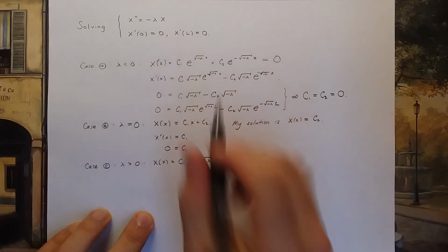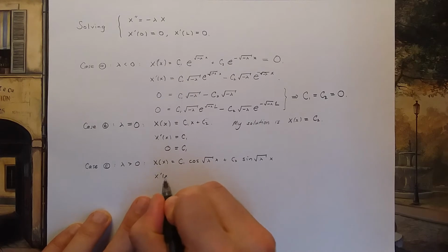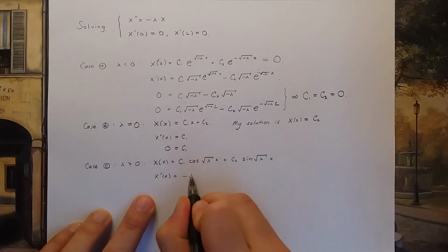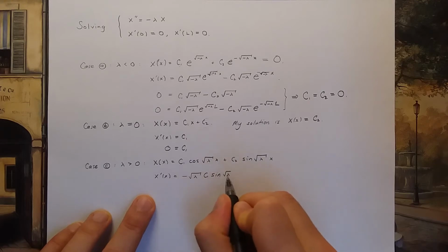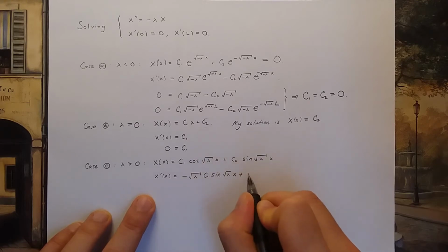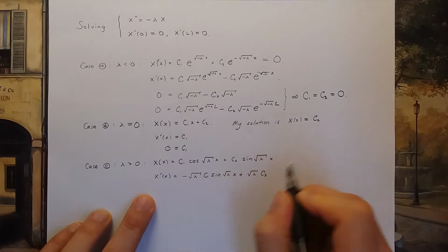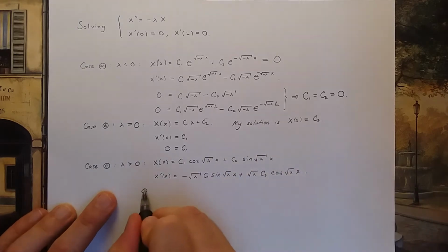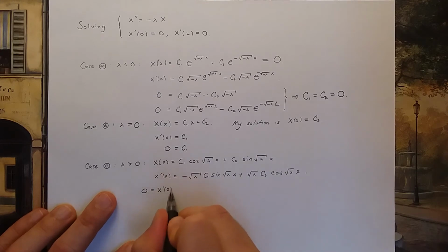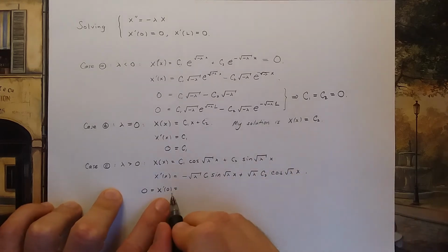In order to use the boundary conditions, I need to take the derivative. So I differentiate, and I get negative square root of lambda C1 sine square root of lambda x plus square root of lambda C2 cosine square root of lambda x. So if I plug in 0 into the derivative, I get 0.